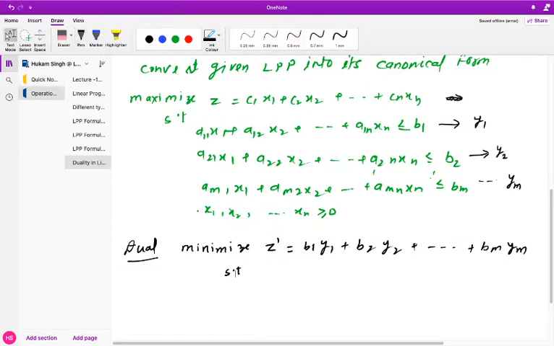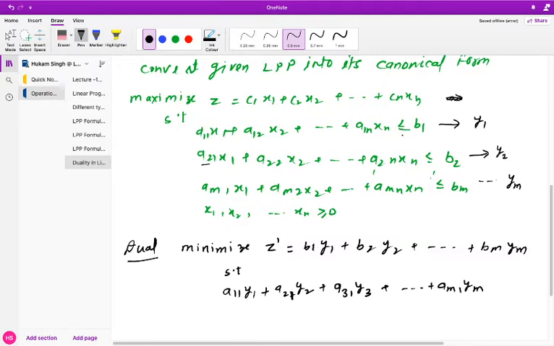So the first dual constraint is going to be a11 y1 plus a21 y2 plus a31 y3 plus dot dot am1 ym.